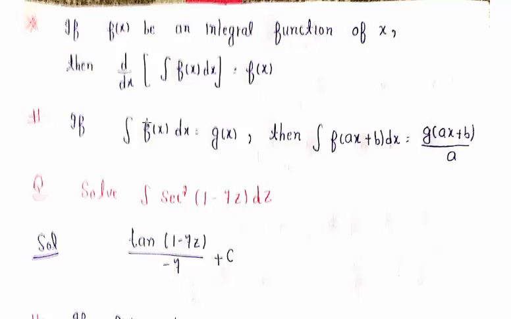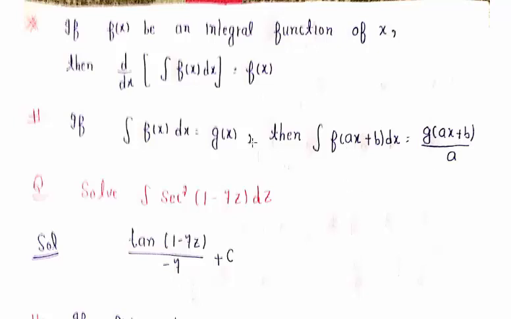This result says that if we change our x to ax plus b, the answer is the same, g(ax plus b), but we divide by the coefficient of x, and here the coefficient of x is a.